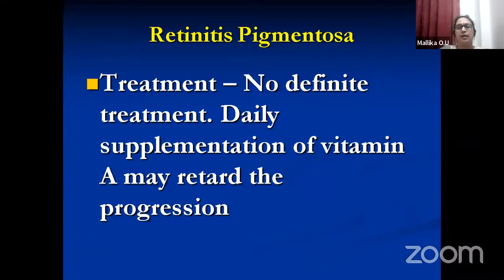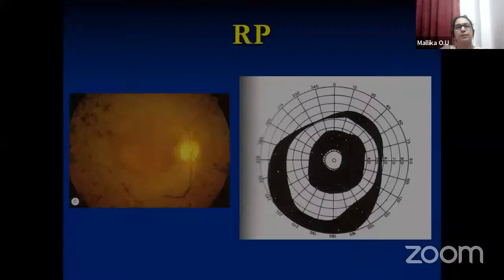The only treatment is genetic counseling, and many investigations are going on regarding gene therapy in retinitis pigmentosa. Because of the autosomal recessive inheritance, consanguineous marriage may predispose to retinitis pigmentosa.